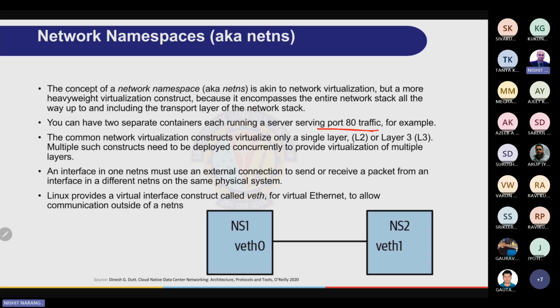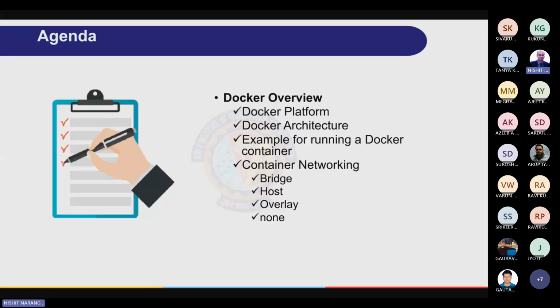So if I'm running an HTTP server in two containers, and both containers are running on the same physical server machine, I can do that. Both of them can be running on port 80 inside of a container because they have their own network namespaces. Okay, so that's the benefit of network namespaces, and that's what comes in handy in containerized applications. I have my own network namespace, which I can reuse across the containers.